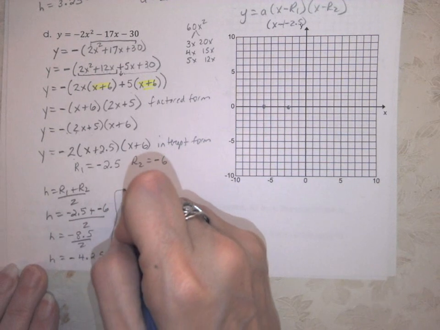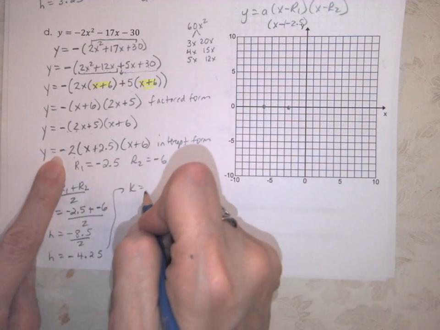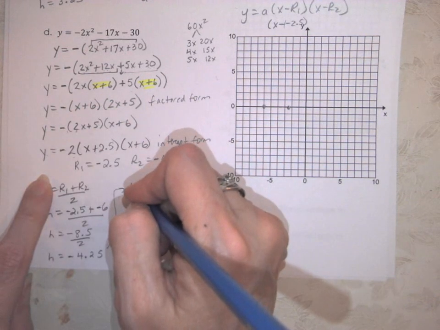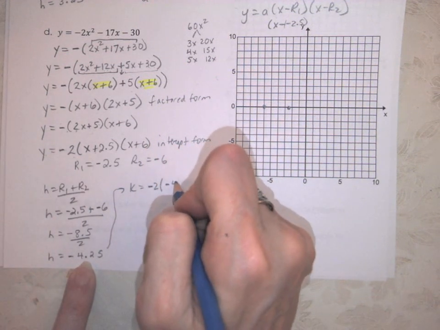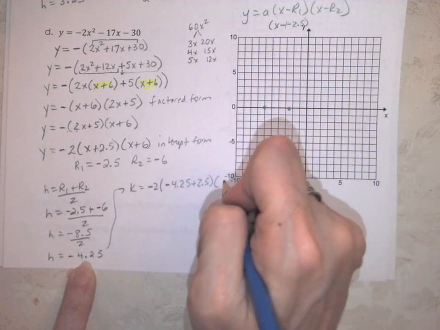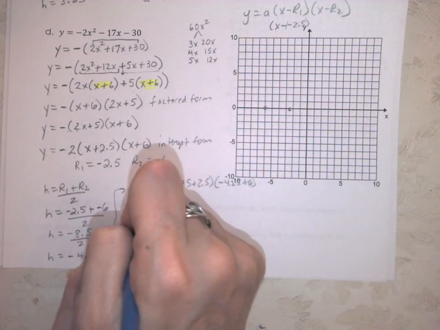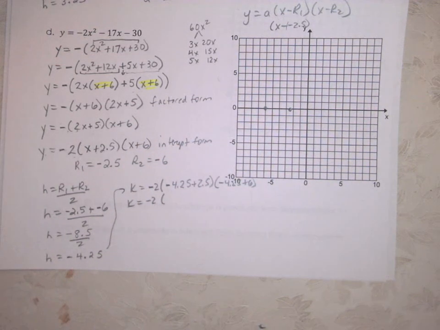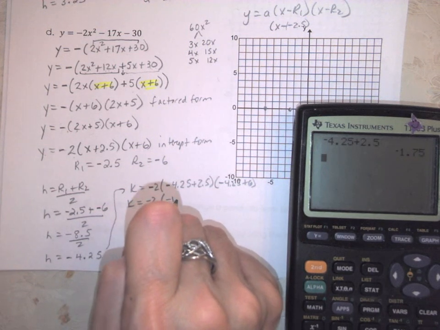And then to get my k value, I'm going to substitute into the intercept form. I'm going to replace y with k and each x with negative 4.25. Then I'm going to calculate each of those. So negative 4.25 plus 2.5 is negative 1.75.